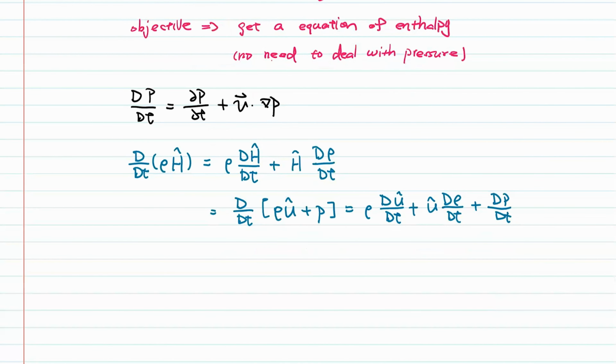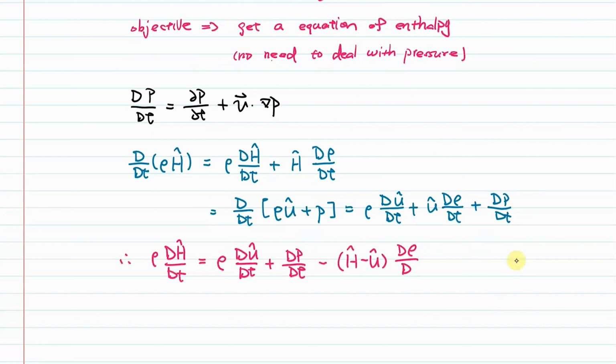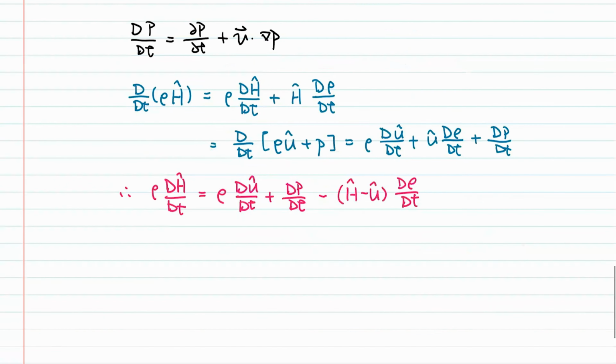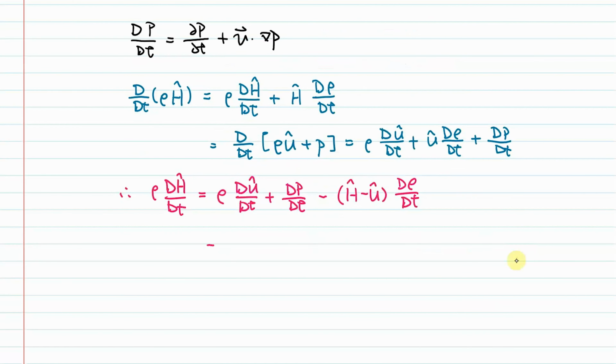Okay, so if we rearrange this, we get rho times the substantial derivative of enthalpy equals rho DU/Dt plus DP/Dt minus (H minus U) D rho/Dt. So this equals now to what?